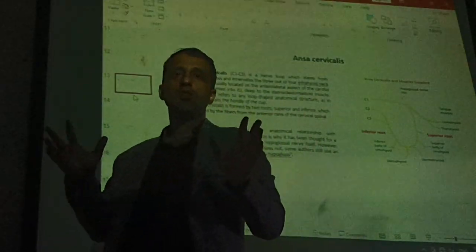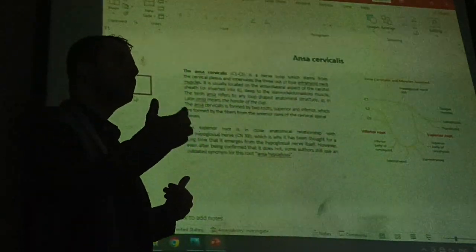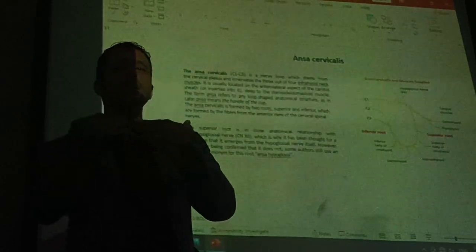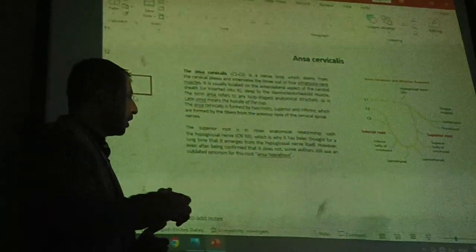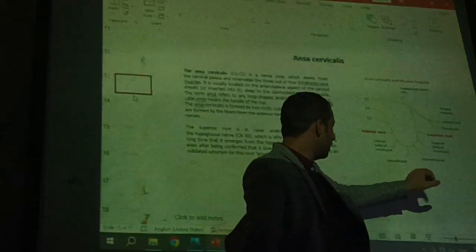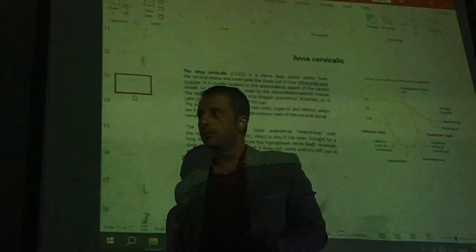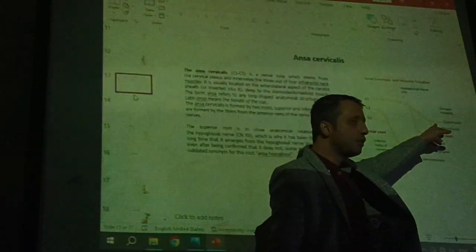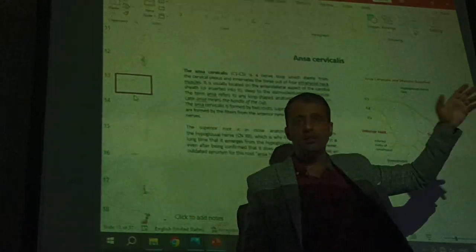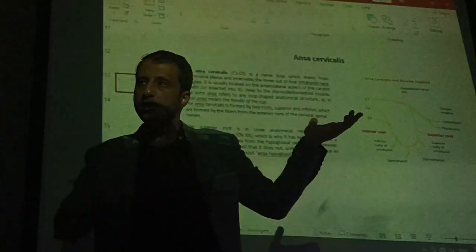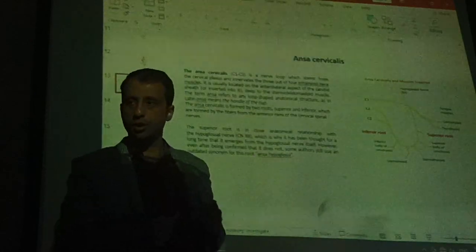The ansa cervicalis innervates all the muscles located in the infrahyoid area of the neck, except thyrohyoid, because thyrohyoid is innervated by the C1 branch which is traveling with the hypoglossal nerve.